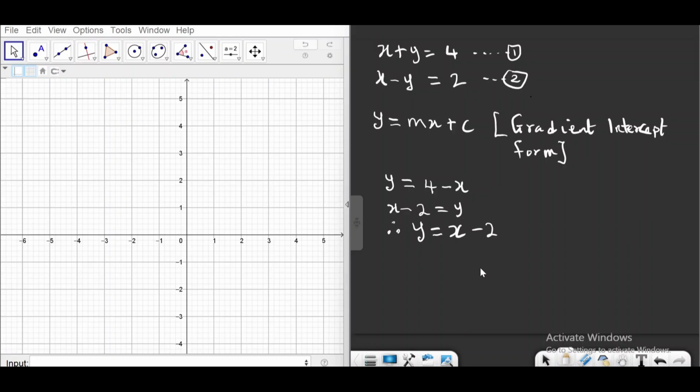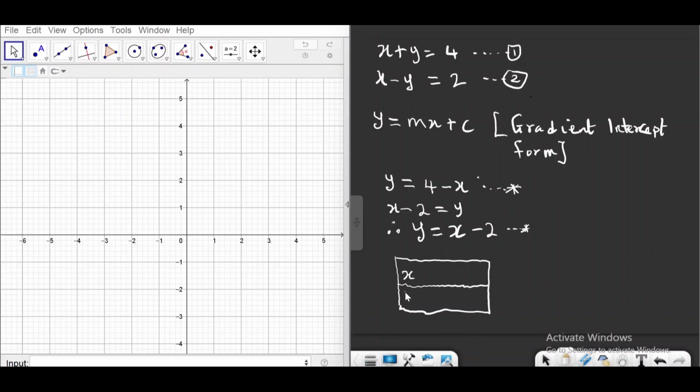Now I put them in this form. Beautiful. So we are going to draw a table of values for each of these two equations. That is for this particular equation and this one. And what do we mean by that? Let's draw a table of values for the first.